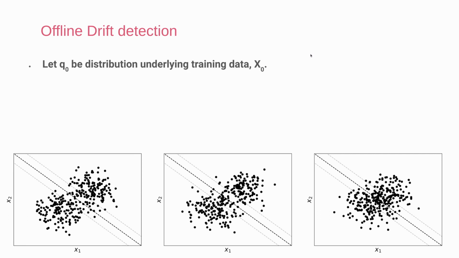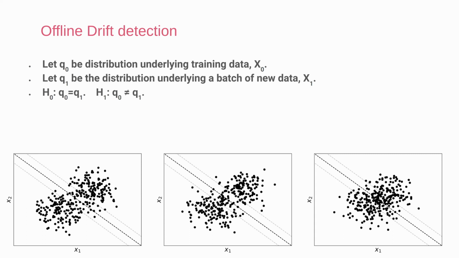So yeah, in the context of drift detection, with Q0 representing the distribution underlying the training data, and Q1 that underlying the deployment data, we let the null hypothesis be that the two distributions are the same, and the alternative hypothesis be that they're different in some way.